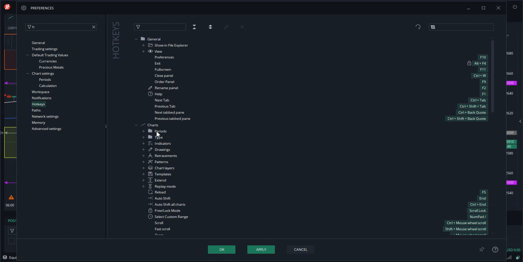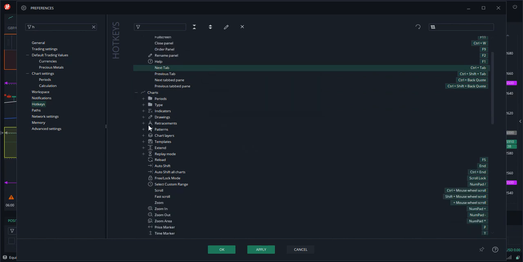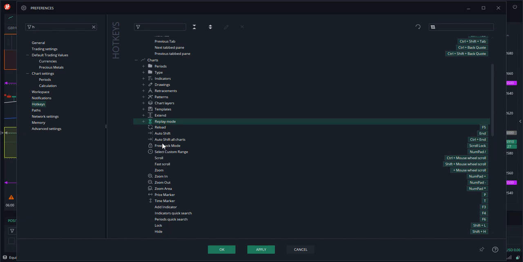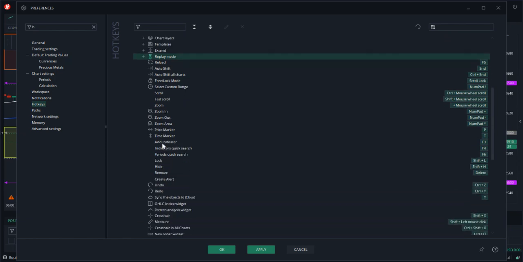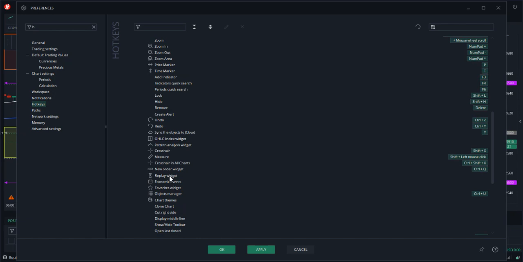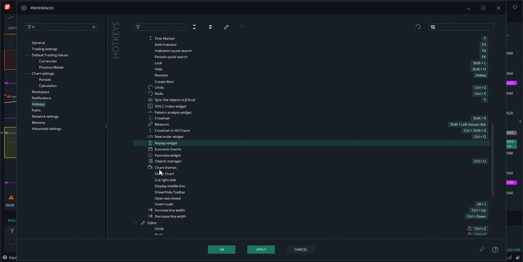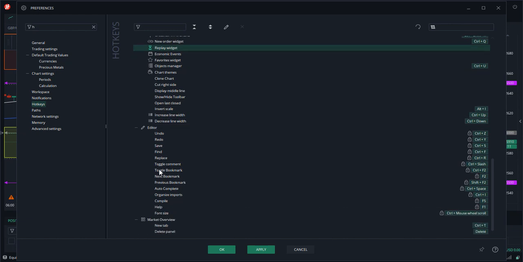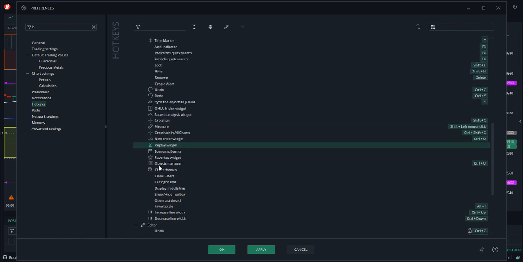I'm seeing chart full screen, next tab. The play mode, right. It should be here. The play widget should be around here.